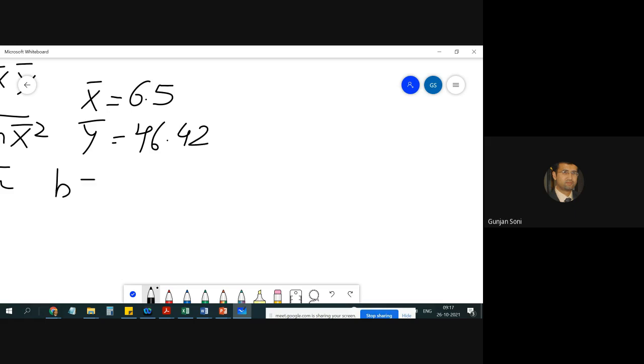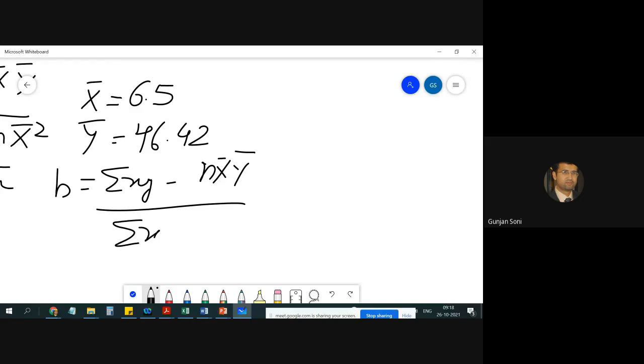B is summation xy minus n x bar y bar divided by summation x square minus n x bar square. So this value is coming out to be 1.72, and A is coming out to be 35.2.